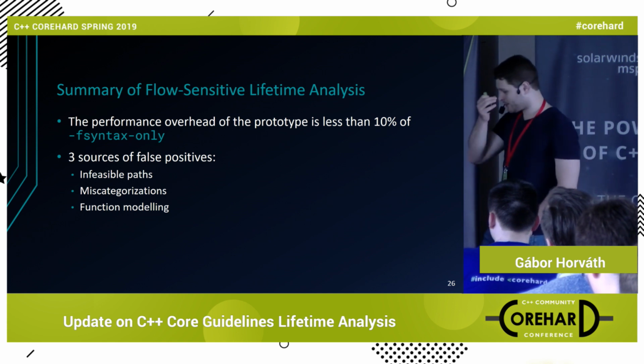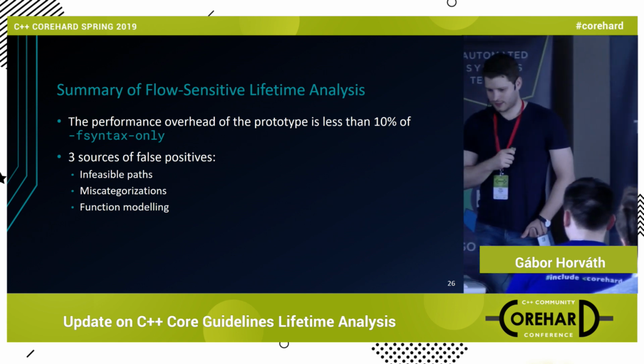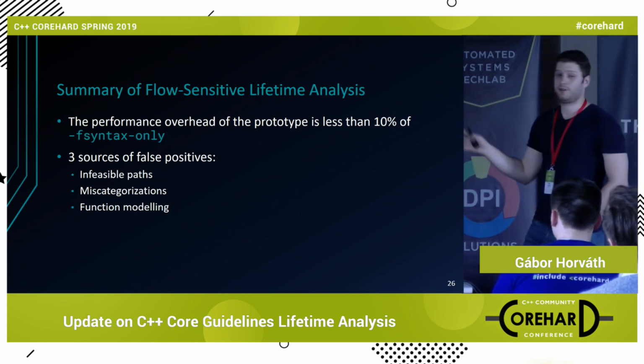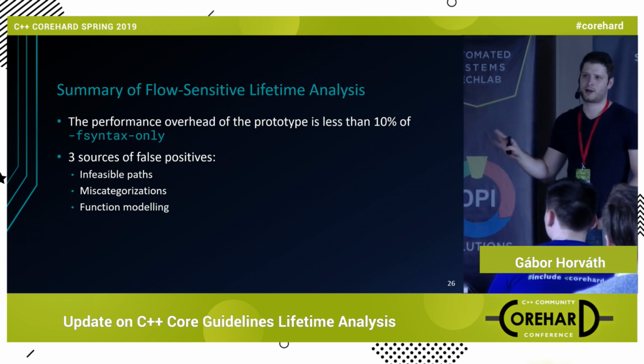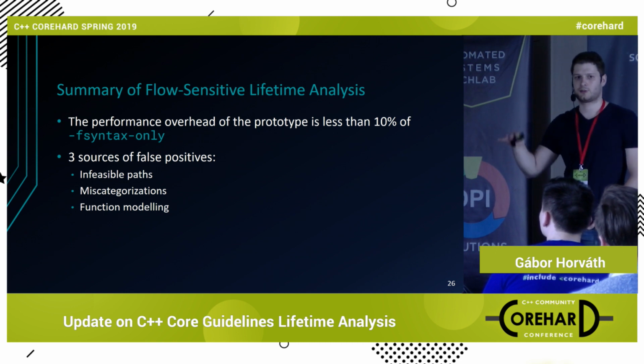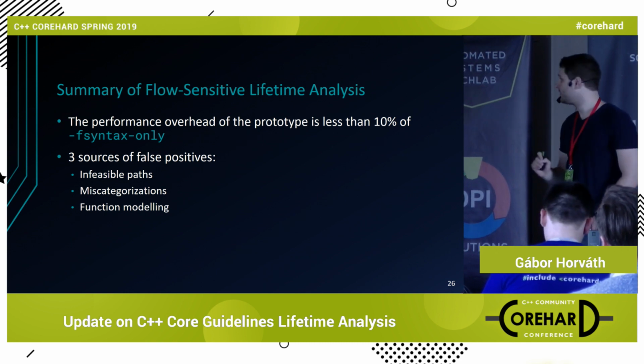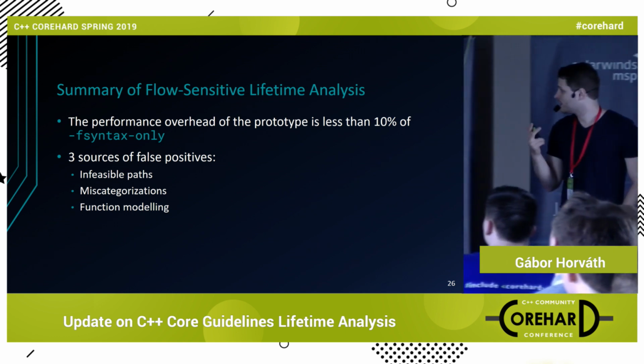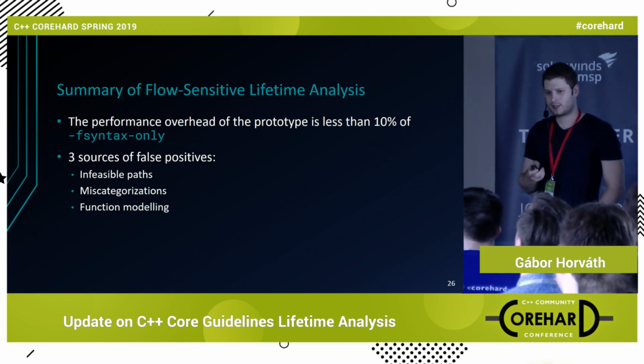So to summarize, and also give you some more information about this analysis: according to our measurements, it has about 10% performance cost on top of compiling, so it is relatively fast, and it has three ways of producing false positives.